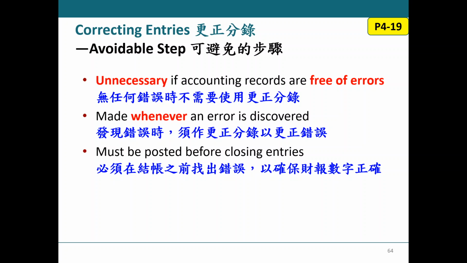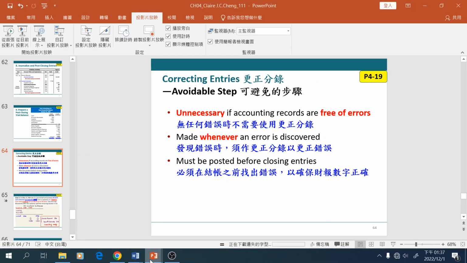But I decided to skip this part. We will talk about it next week. Based on my experience from Tuesday, we don't have enough time to finish this part today. So I want to go to chapter 5 first. Please go to chapter 5.